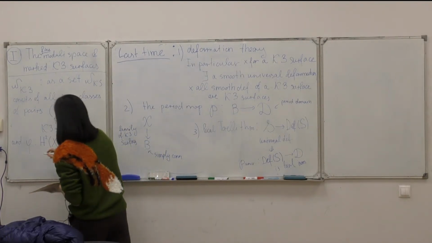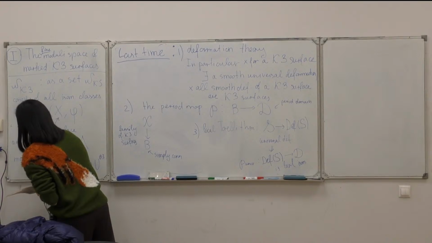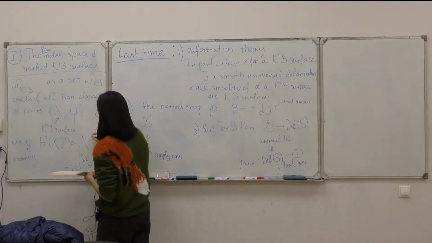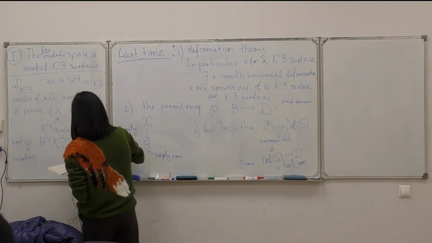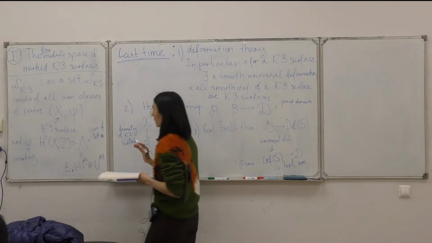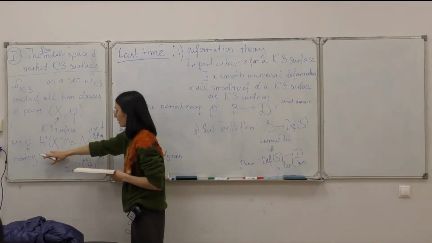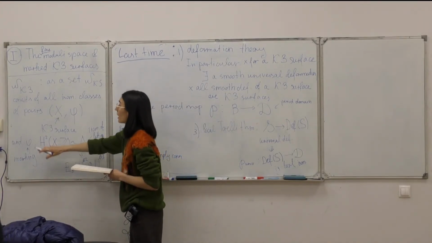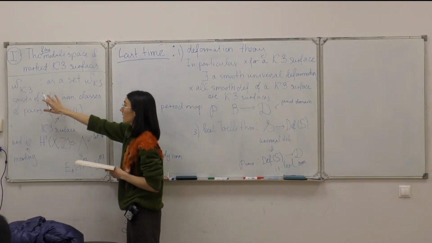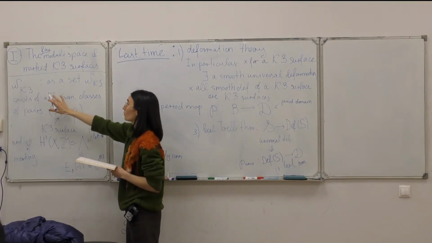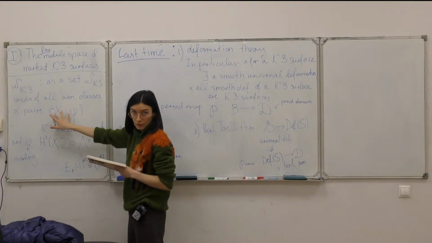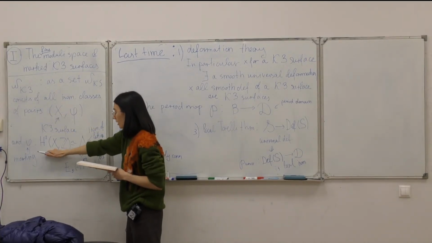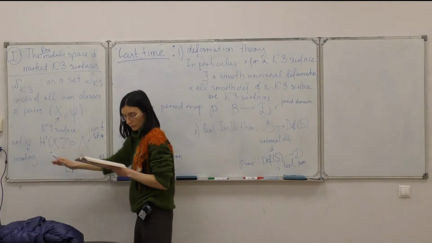So this is a marking, and this is an isomorphism of lattices. What I claim is that if I fix this isomorphism, then there exists a fine moduli space of these pairs. I will explain why it's important to fix this isomorphism.